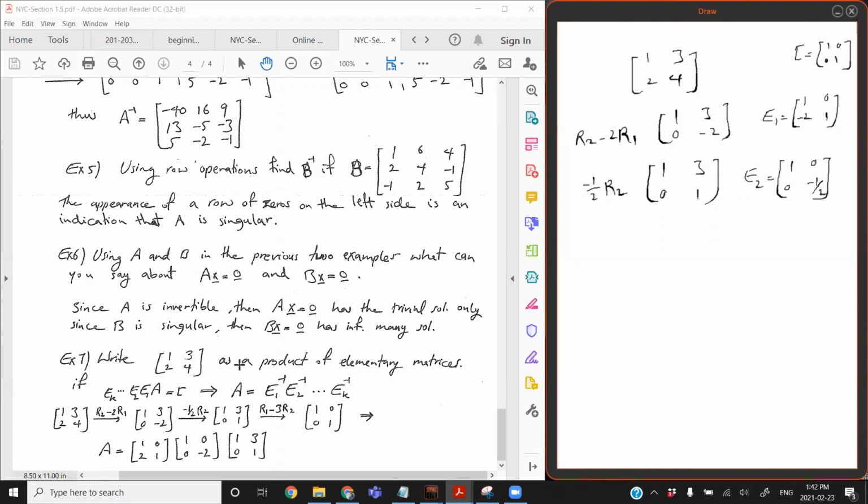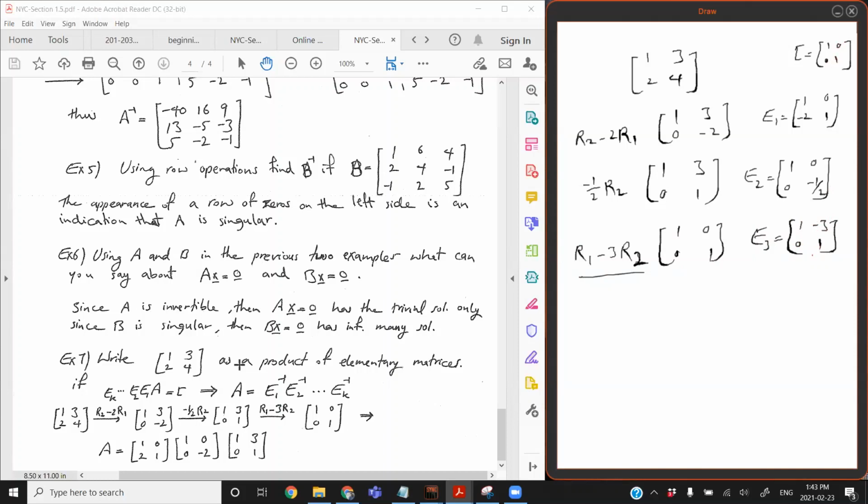Next, I would need to do row 1 minus 3 row 2, and this will give me I. Yes, negative 3 times this added to this gives me I. So I got I. And E3, which corresponds to this row operation, is going to be [1, negative 3; 0, 1]. I just added negative 3 times row 2 to row 1.